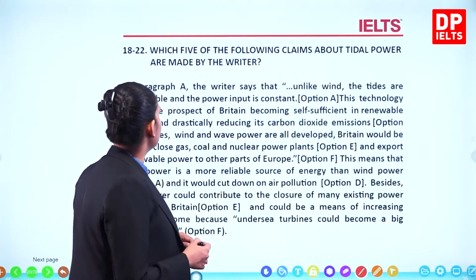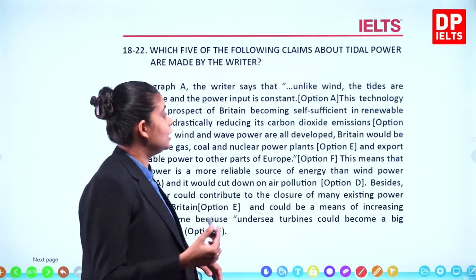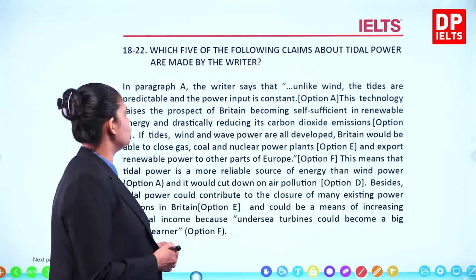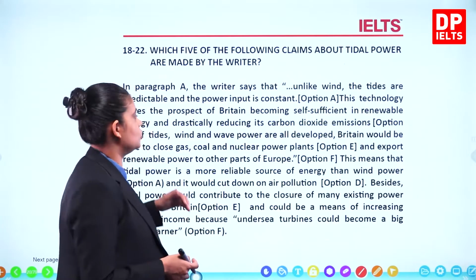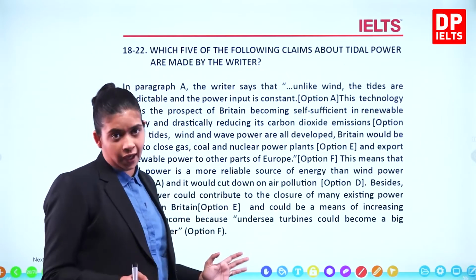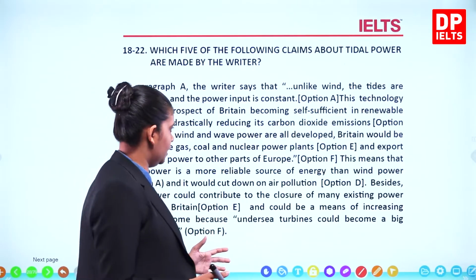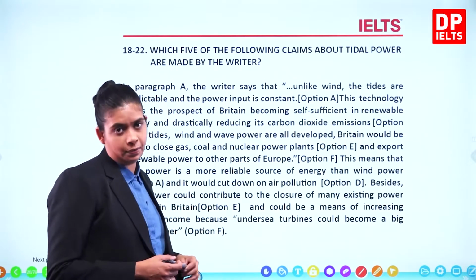This technology raises the prospect of Britain becoming self-sufficient in renewable energy and drastically reducing its carbon dioxide emissions, which is option D. If tides, wind and wave power are all developed, Britain would be able to close gas, coal and nuclear power plants.